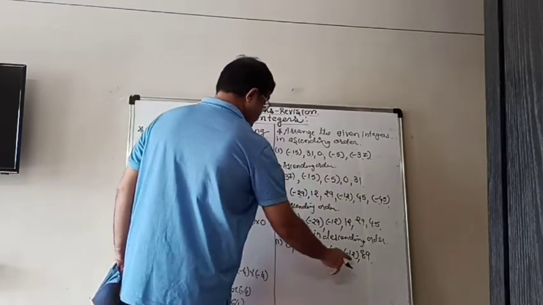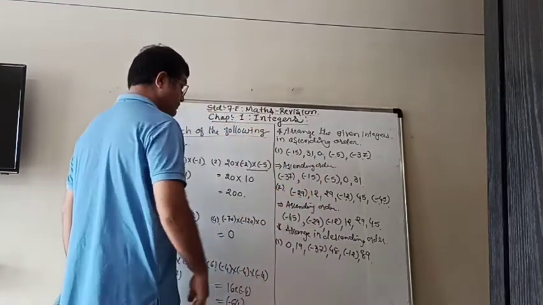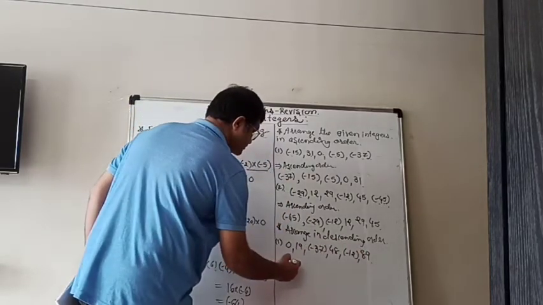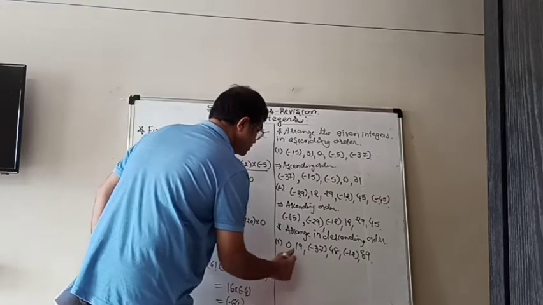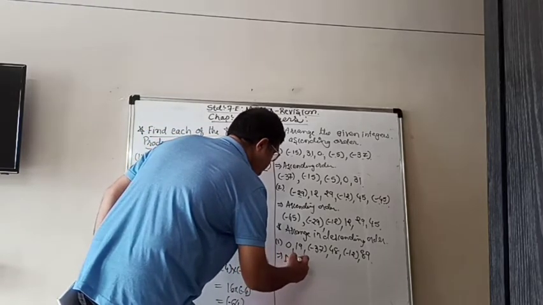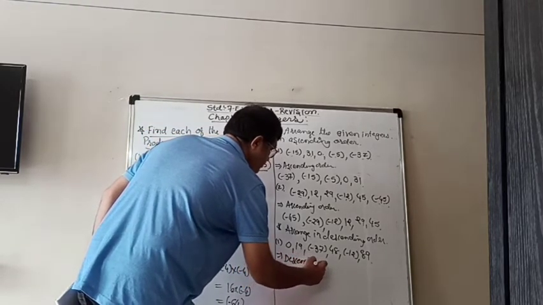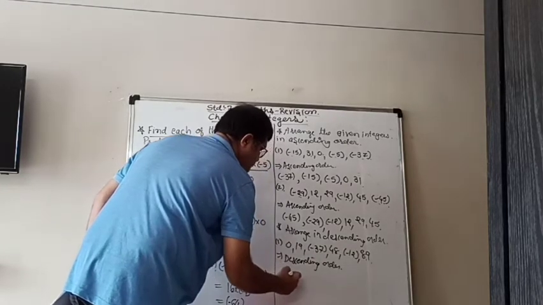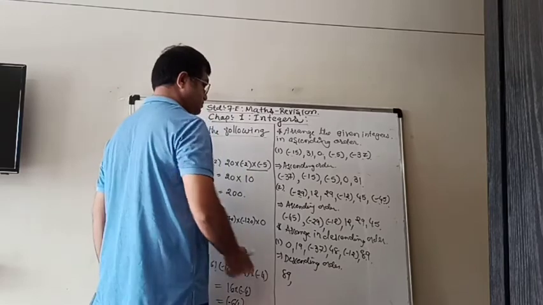So here we have to start from the largest number. So positive numbers, so 89 will be first. In descending order, 89 will be the first.